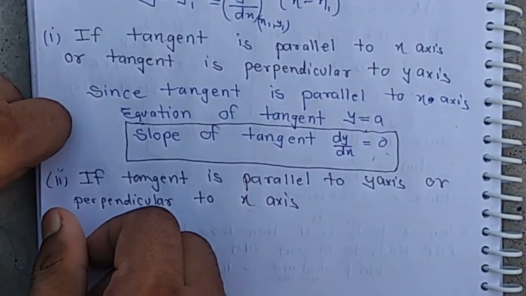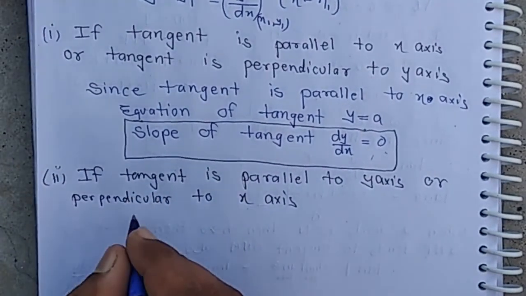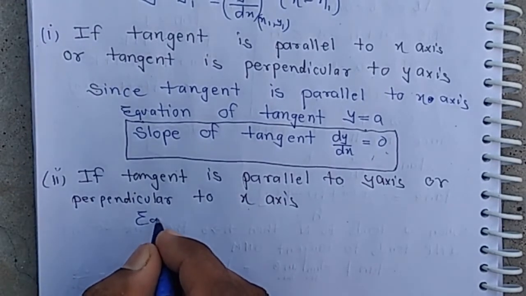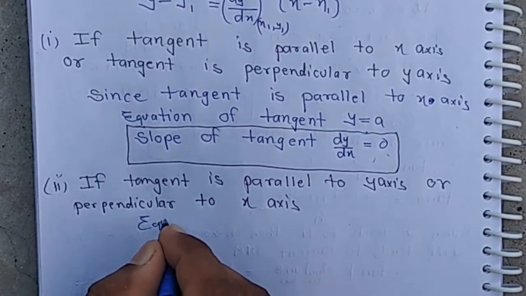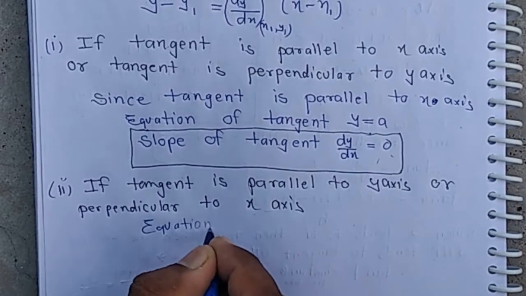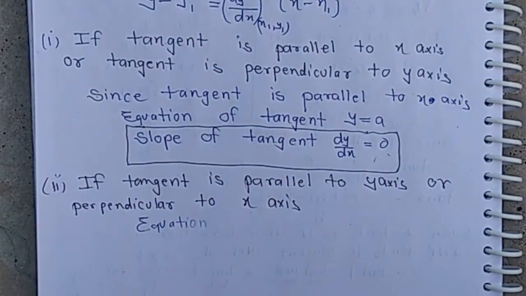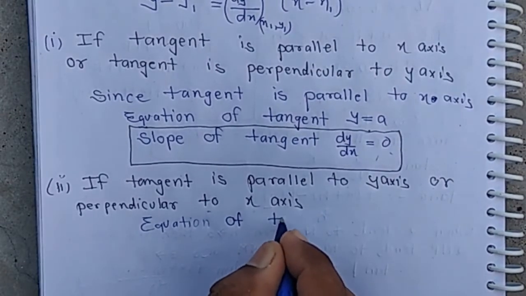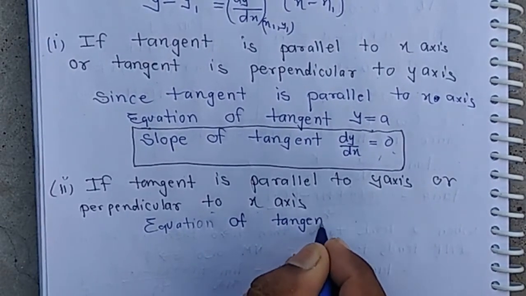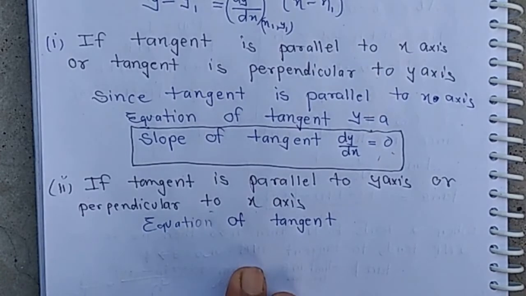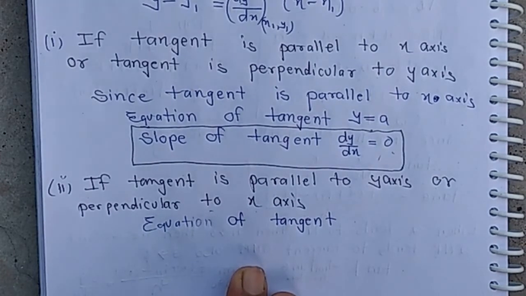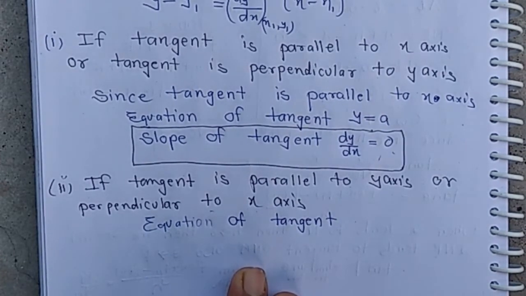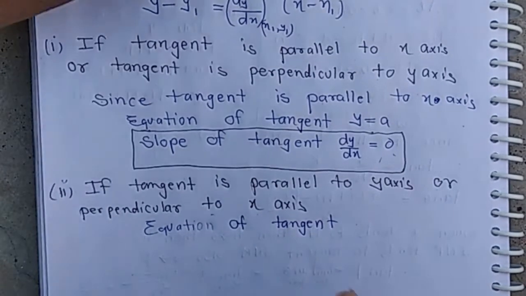Then the equation of the tangent is in the form parallel to the y-axis. The equation of a line parallel to the y-axis is given by x equal a.